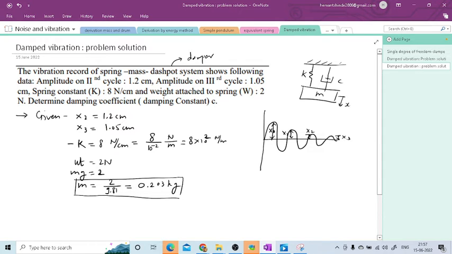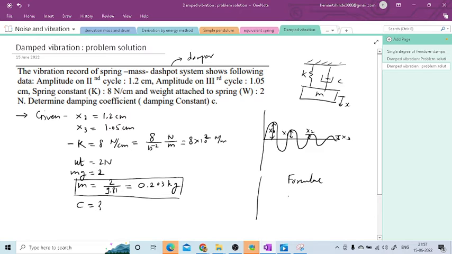Now determine the damping coefficient. Now they have asked to determine the damping coefficient. So we'll have to determine the value of C. Now how to determine this C? When we think about C, it comes into a formula. So here I will write the formulae which are required.